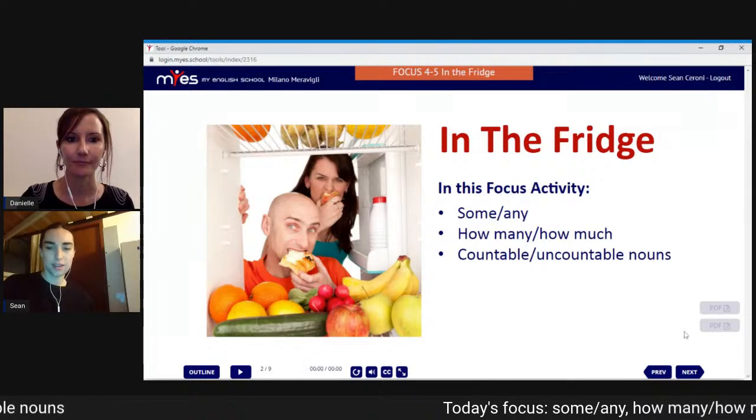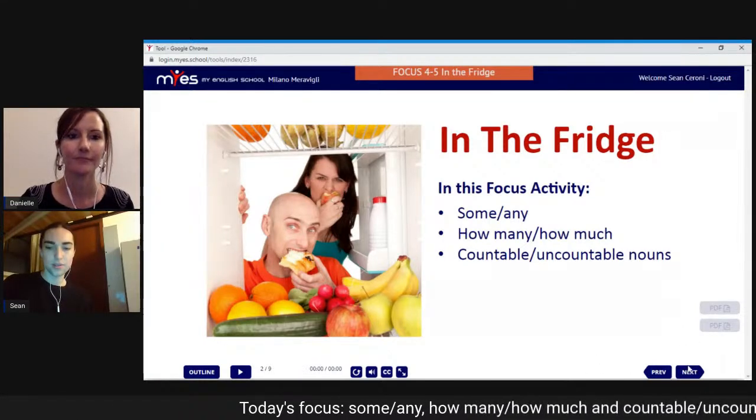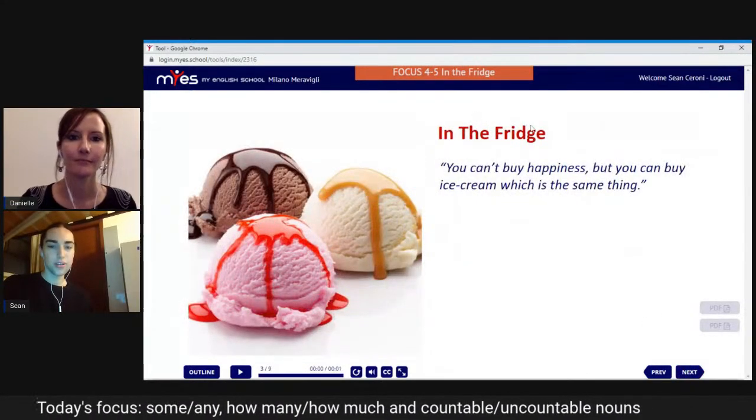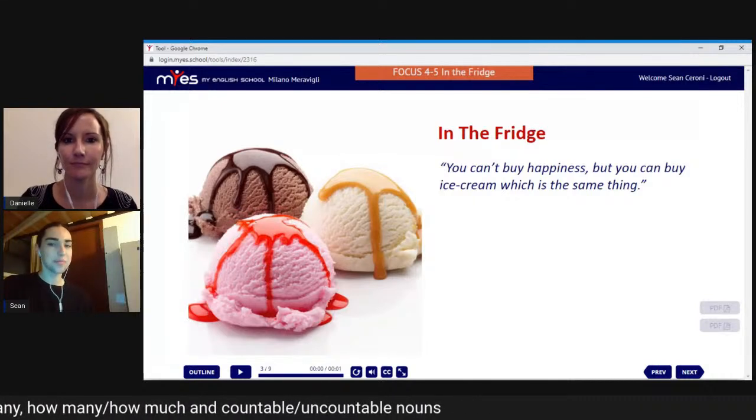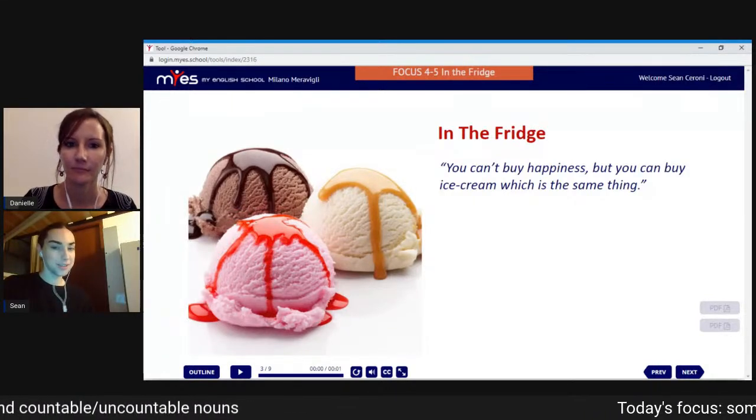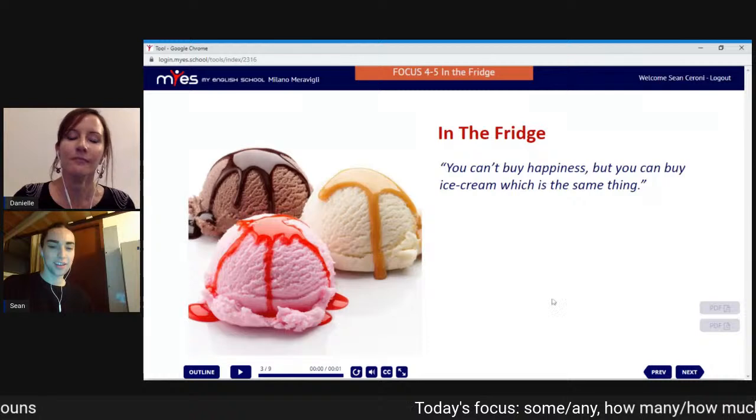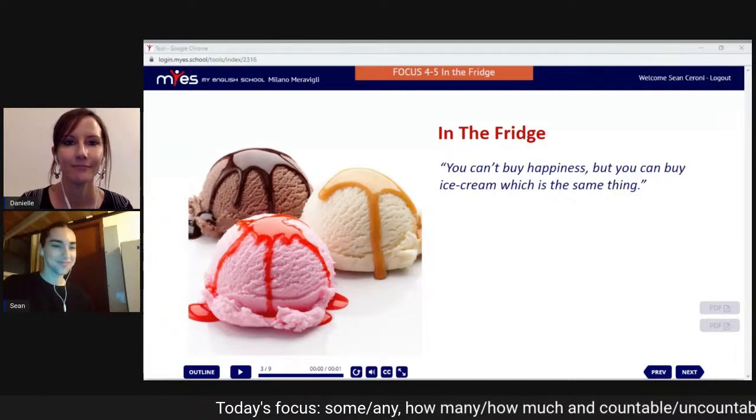So let's get started. In the fridge, you can't buy happiness, but you can buy ice cream, which is the same thing. Do you agree with that?